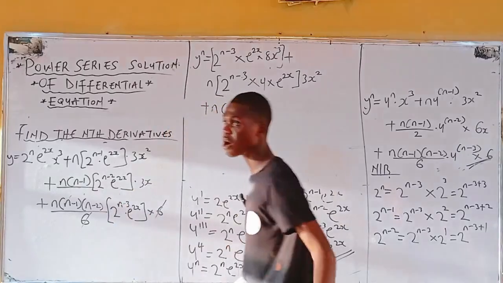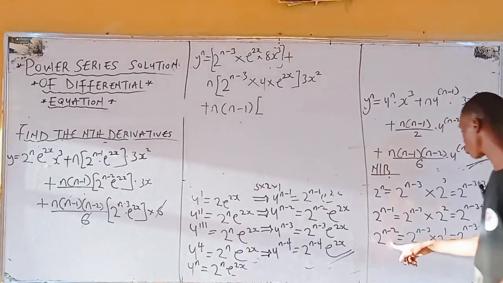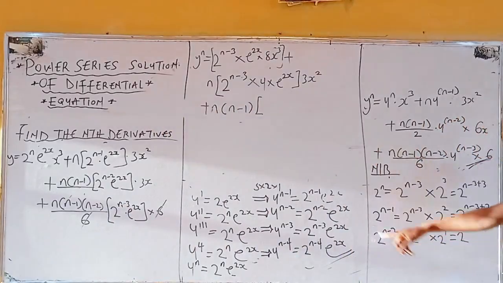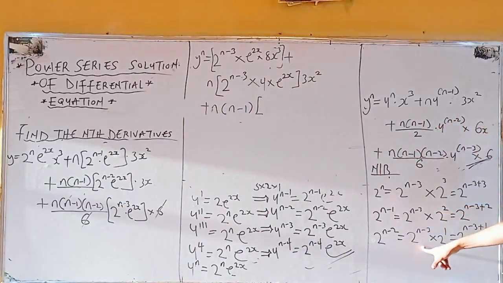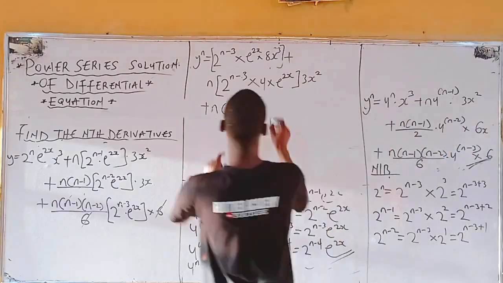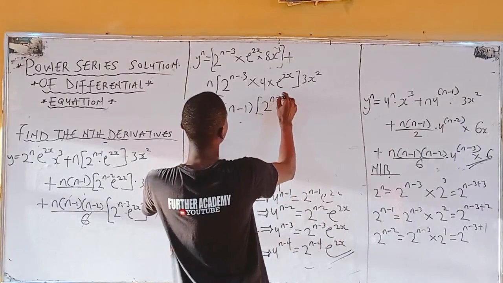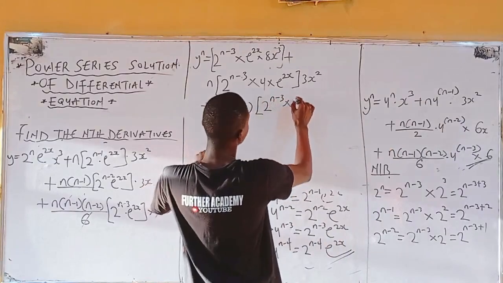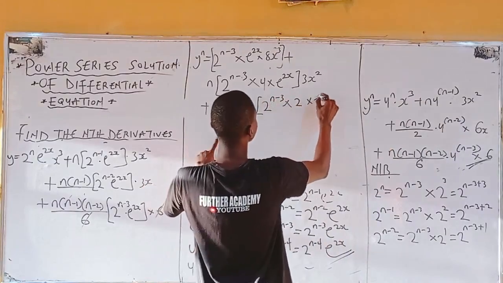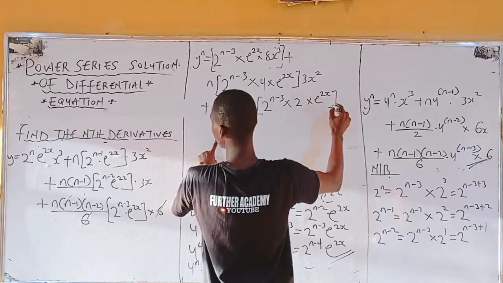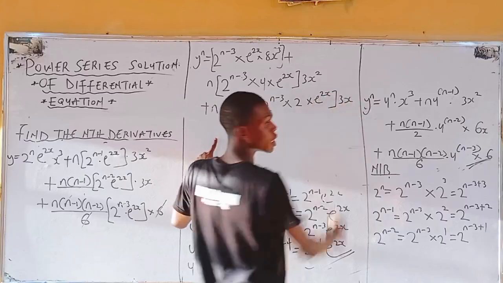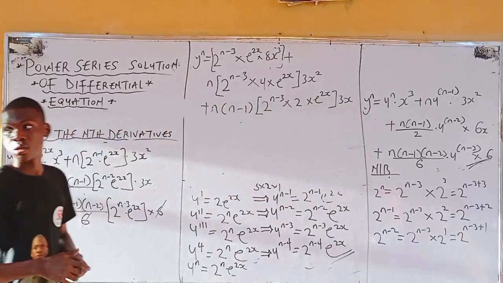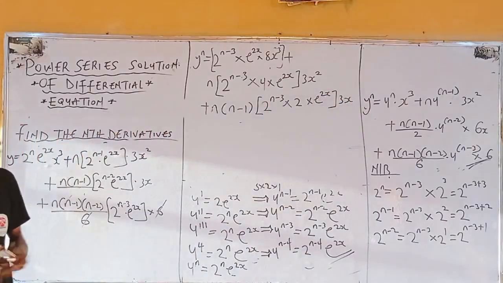You are saying what? 2 raised power of n minus 2. What's 2 raised power of n minus 2? 2 raised power of n minus 3 times 2, right? Substitute. So you have 2 raised power of n minus 3 times 2, multiplying exponential 2x all into bracket 3x. Any question?